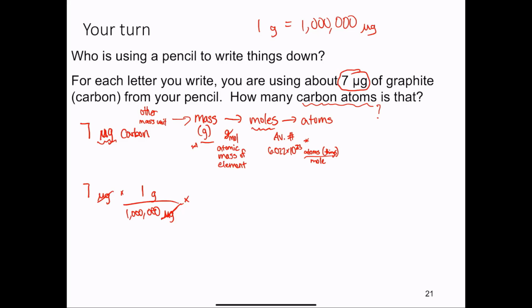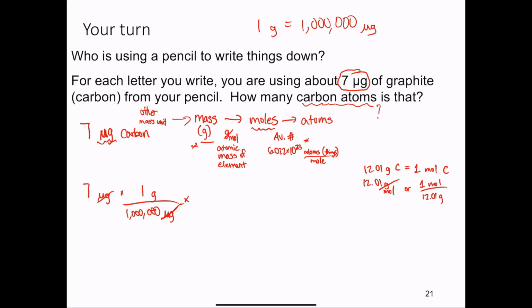So if you flip all the way to the back of your book, you will find that there are 12.01 grams of carbon for every 1 mole of carbon. Technically that would be 12.01 grams per mole, or you could also write it as 1 mole per 12.01 grams.